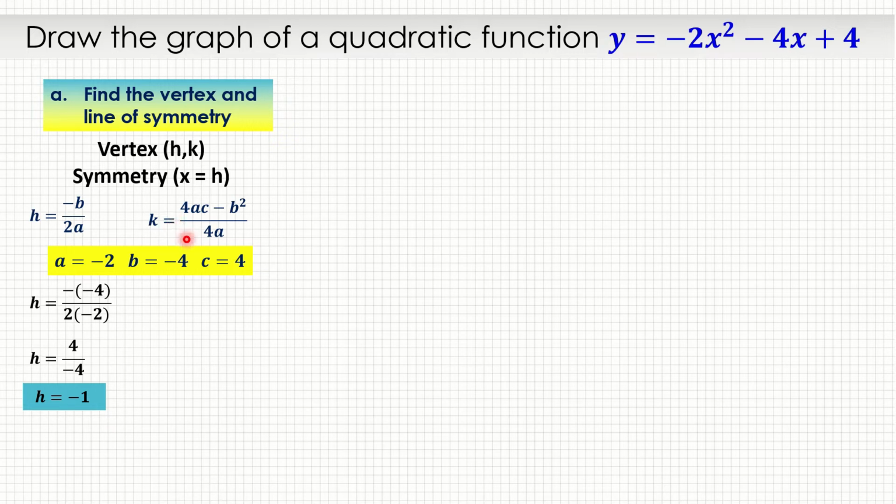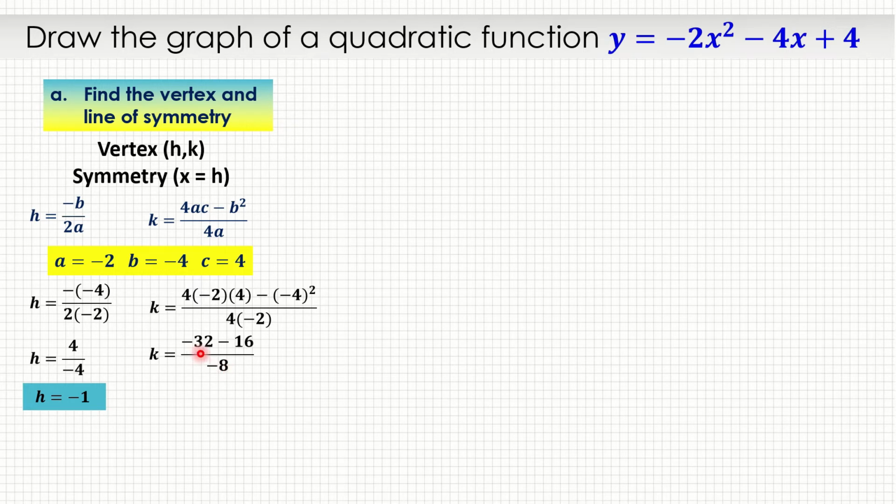So let us proceed in finding the value of k, which is 4 times negative 2 times positive 4 minus the square of negative 4 over 4 times negative 2. Again, I just simply substitute the values of a, b, and c to our formula. If I simplify the numerator and denominator, the answer will be negative 32 minus 16 over negative 8.